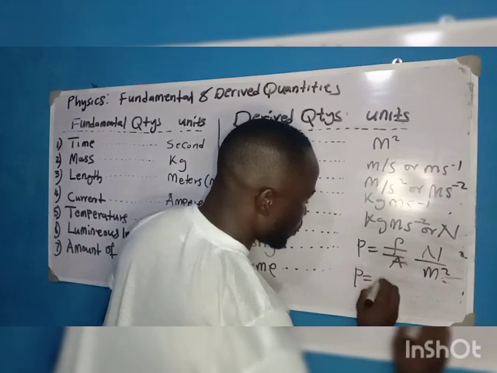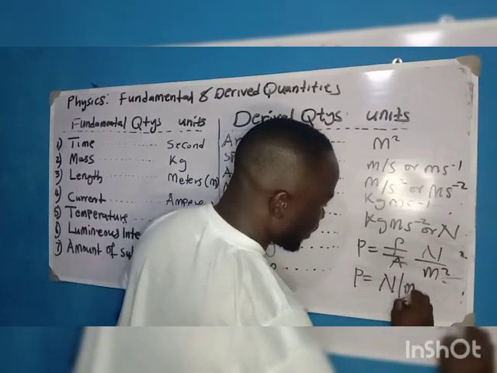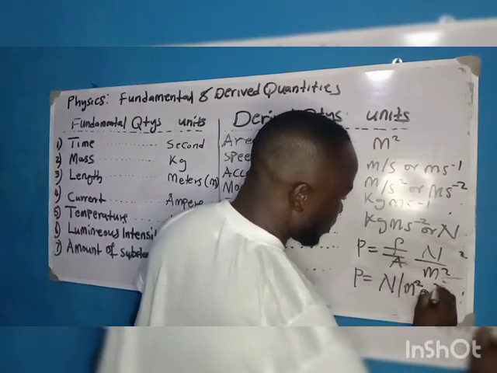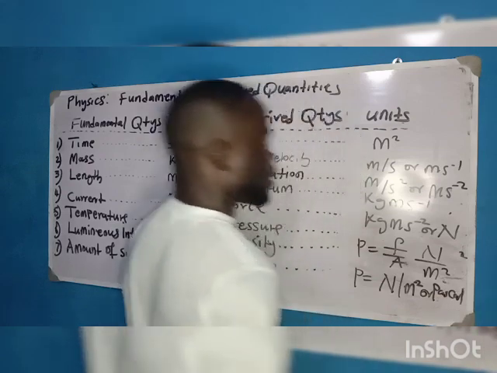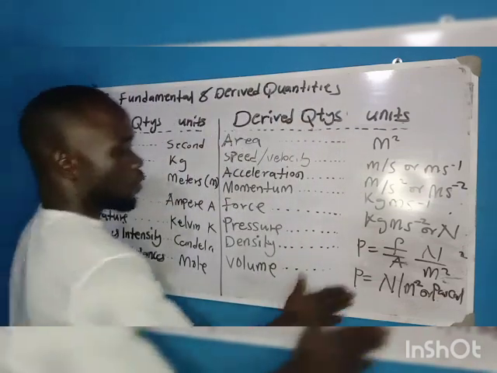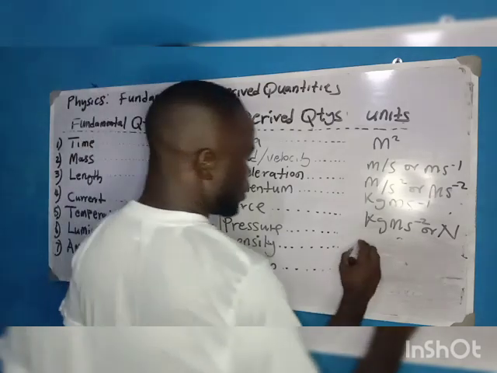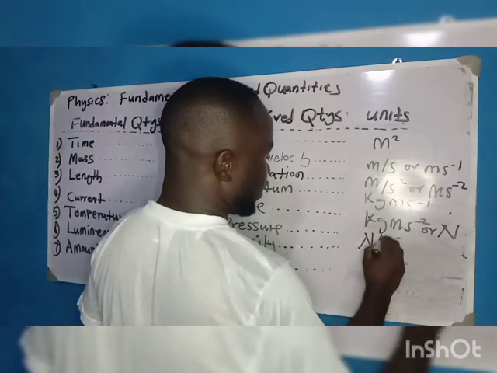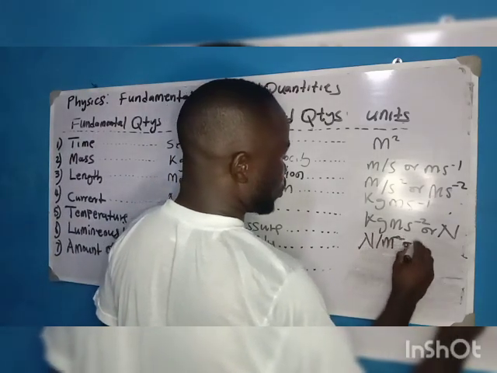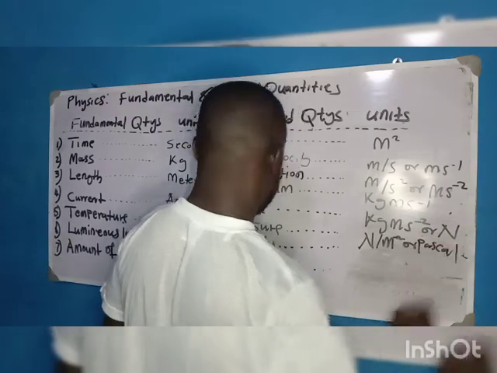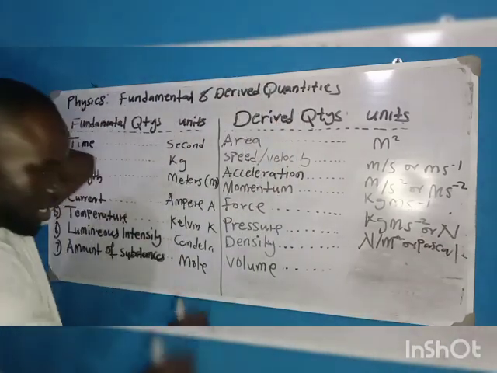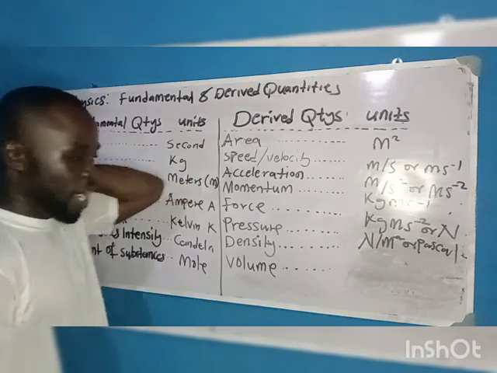That is, pressure is equal to Newton per meter square, or Pascal. So the unit of pressure is Newton per meter square, or Pascal.